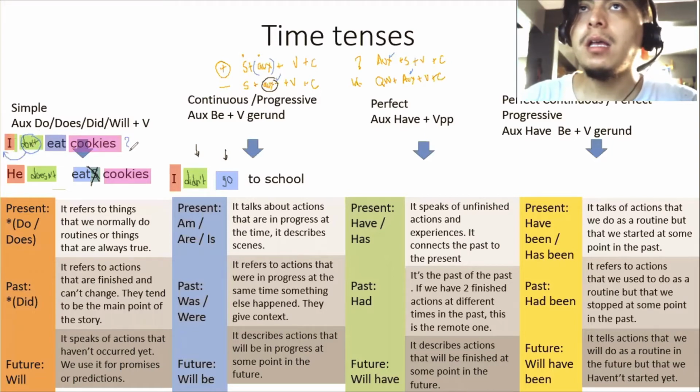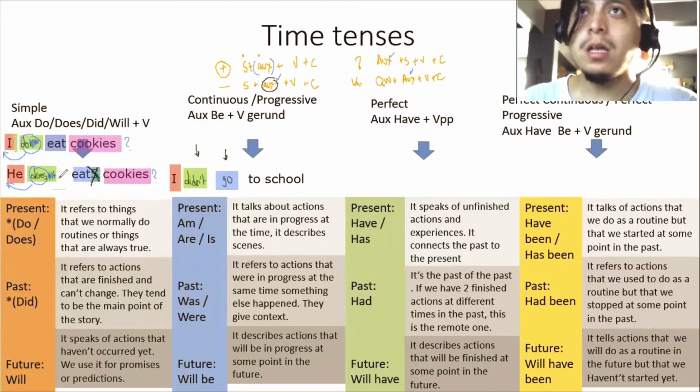And I say, don't I eat cookies? Or normally in affirmative, do I eat cookies? Yes, you do, or no, you don't. Does he eat cookies? Yes, he does, or no, he doesn't. Check how, in this case, we don't really need the S. We never need the S when we have the auxiliary.